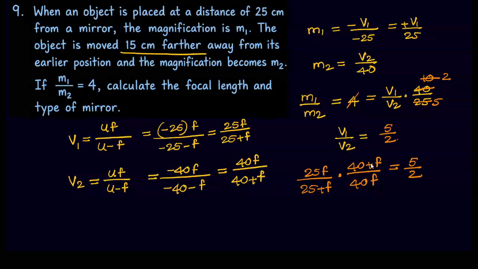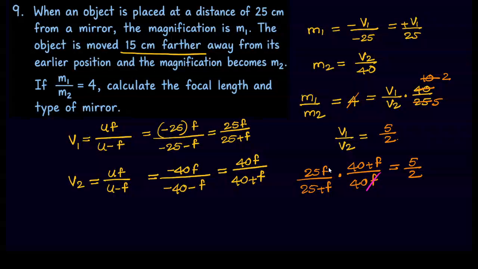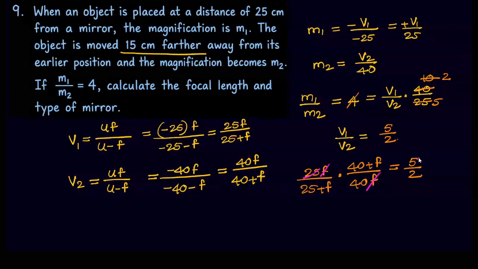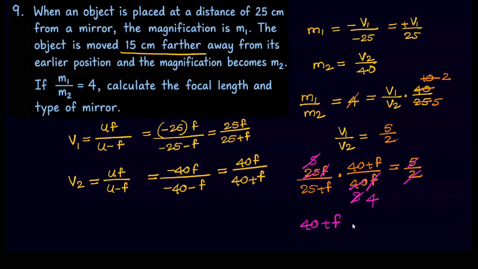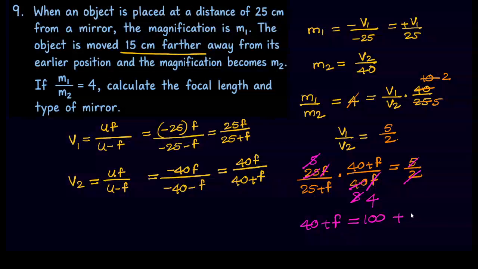Now try to simplify here. So 5, yes, now 5 8's are 40, 5 2's are 10... So we get 40 plus f equal to 100 plus 4f, isn't it?